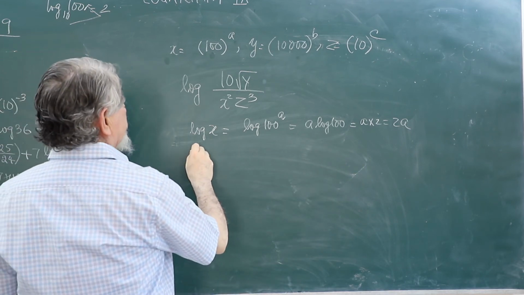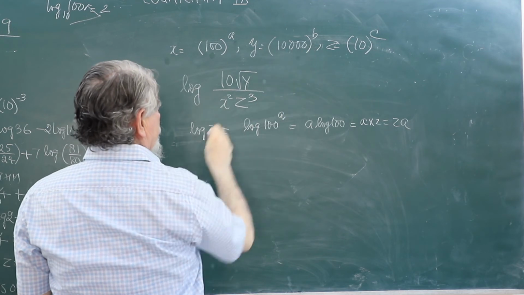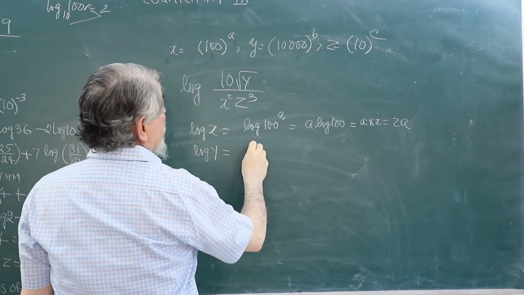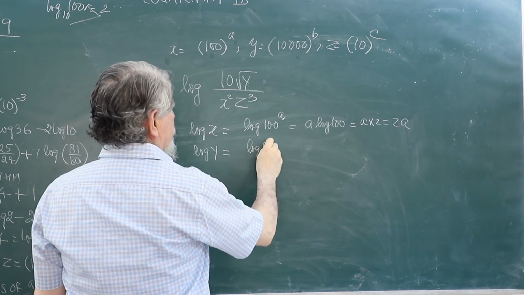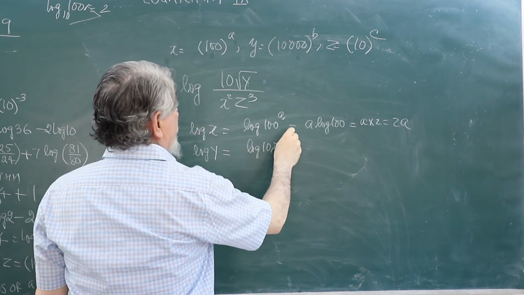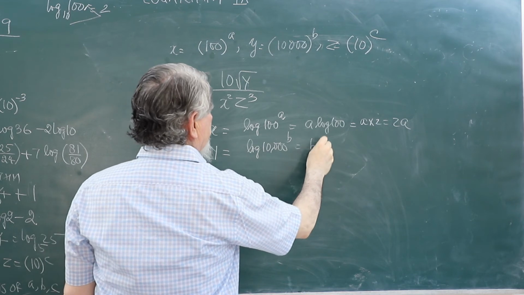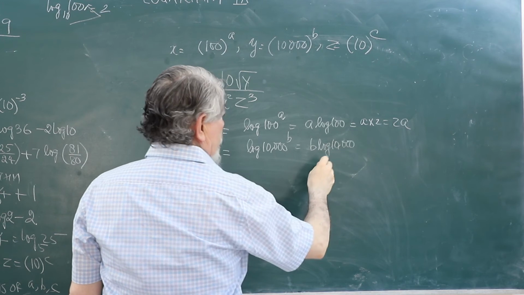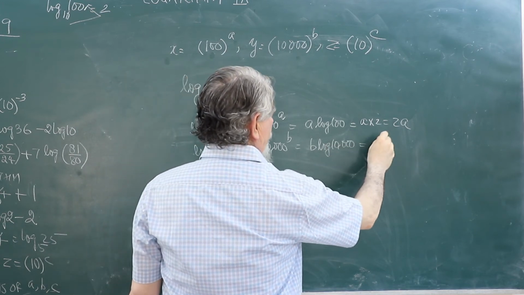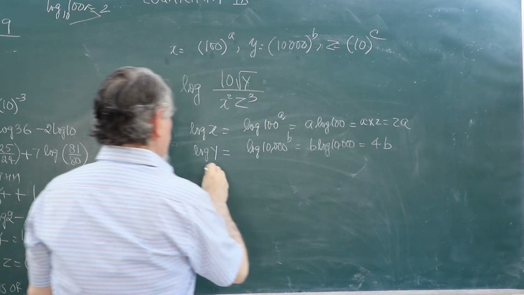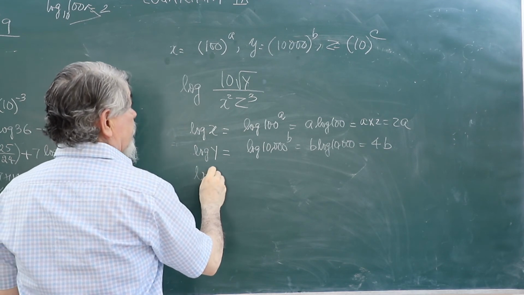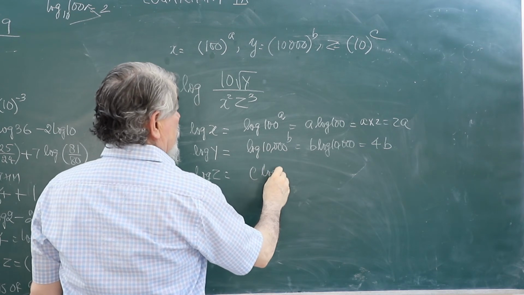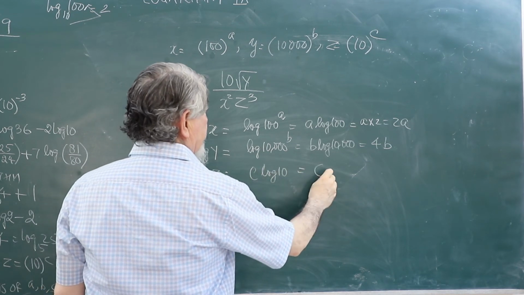Then similarly y is given this, so log y will be log 10,000 to the power b, or b log 10,000. 10,000 means 4b. And log z will be c log 10, which is c.